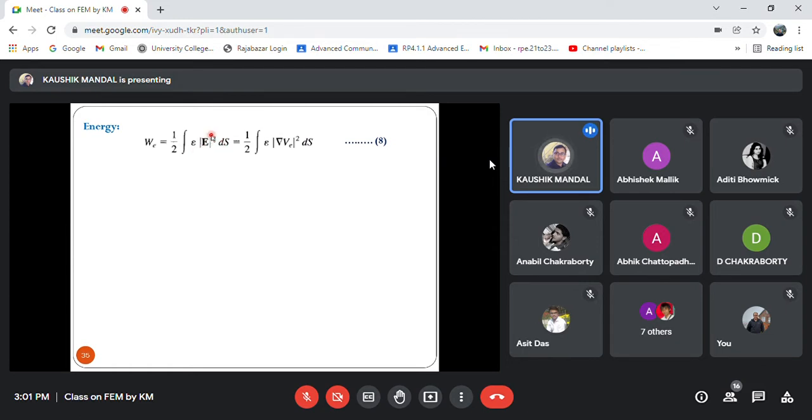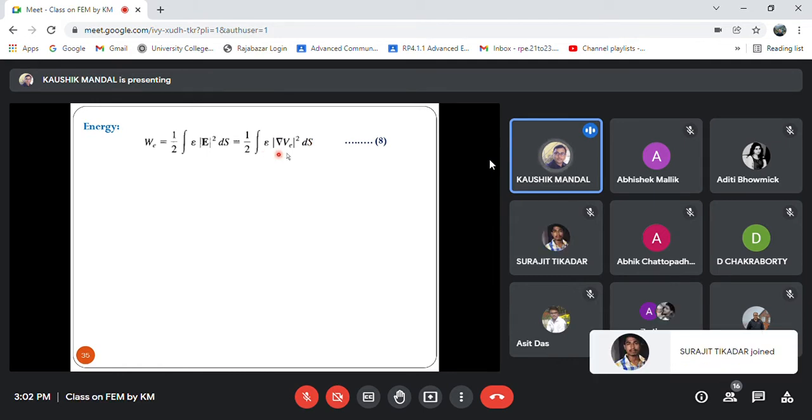In terms of V, you can write grad V squared ds. So the energy of the particular element will be half of epsilon grad V squared ds.